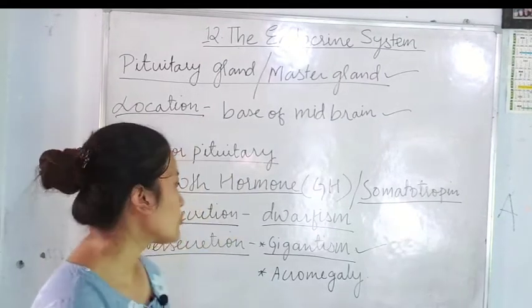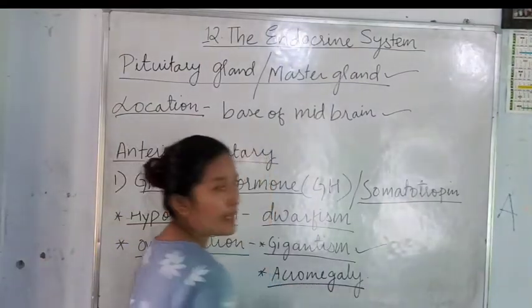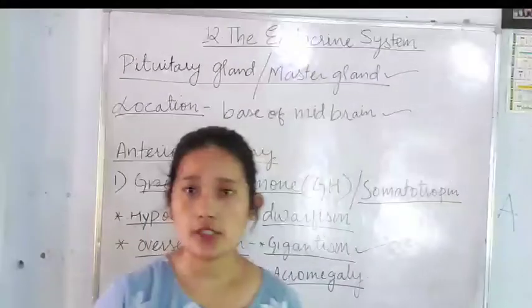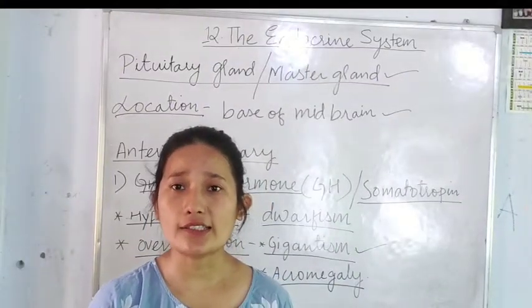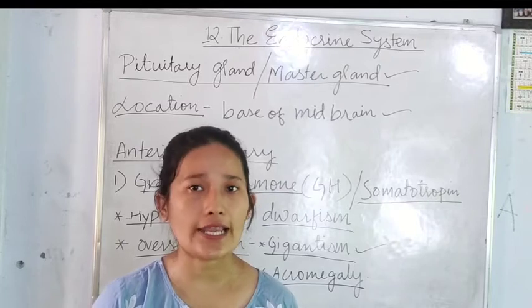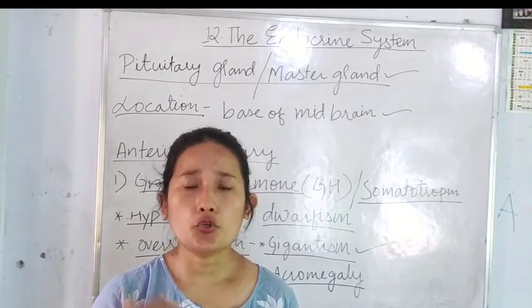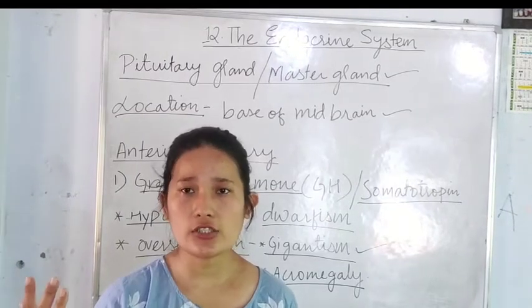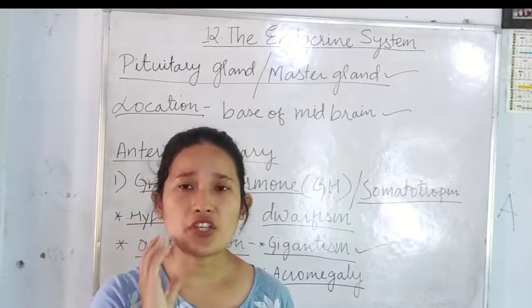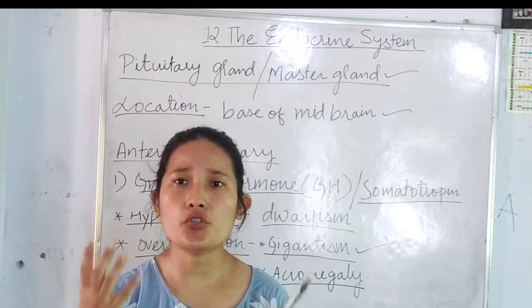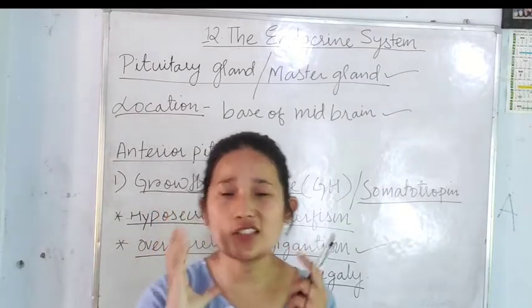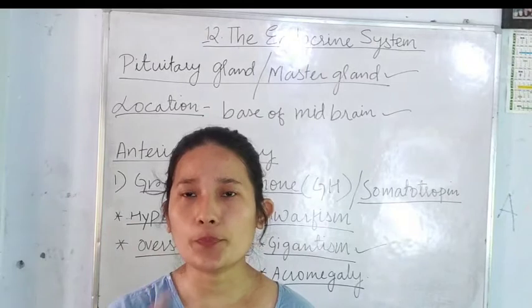Okay, now the next one is called acromegaly. Now what happens here is, it takes place in adults. Suddenly an increase in height takes place. Okay, and what are the other features that you can see? Though a sudden increase in height takes place, the facial bones grow and take a different shape, big nose, big lips.